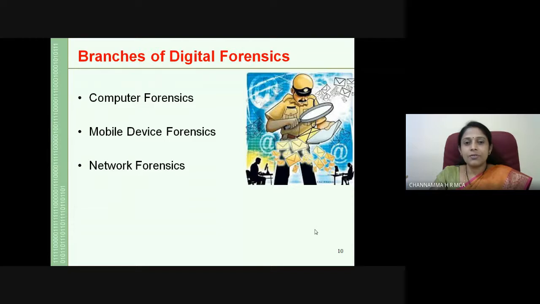And then network forensics, which is dynamic and volatile. The analysis of ongoing network traffic is called network forensics. So it is investigating the ongoing network traffic, collecting evidence from the network traffic, or analyzing the network traffic.